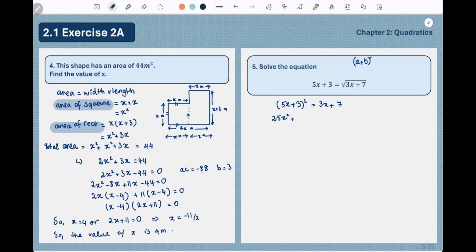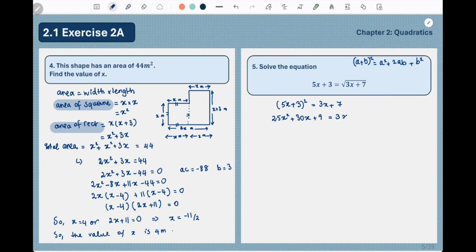When you have these kinds of equations, there's an identity that you can use: a squared plus 2ab plus b squared. In my case, a is 5x and b is 3. That's why I have 25x squared, because 5x is raised to 2. Then 2 times 5x times 3, which is 30x, plus 9.